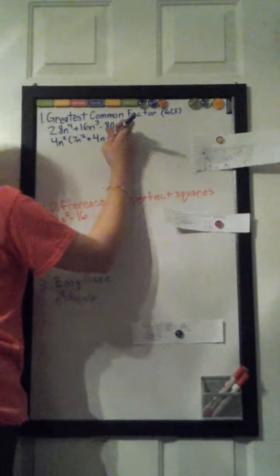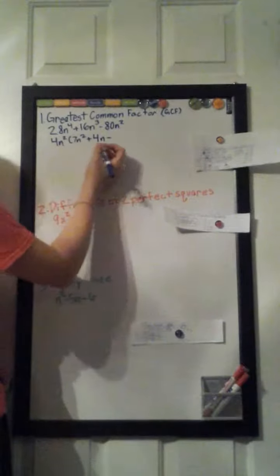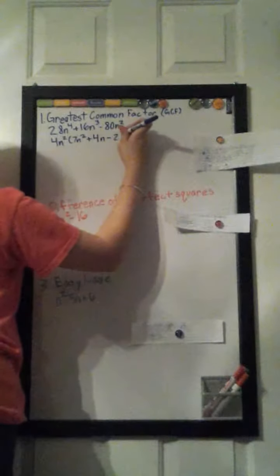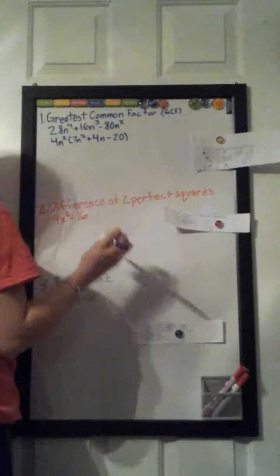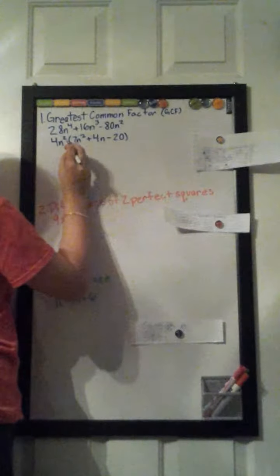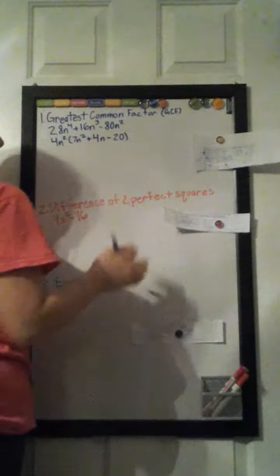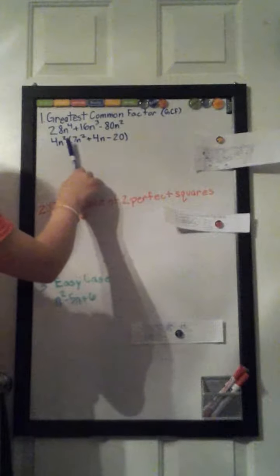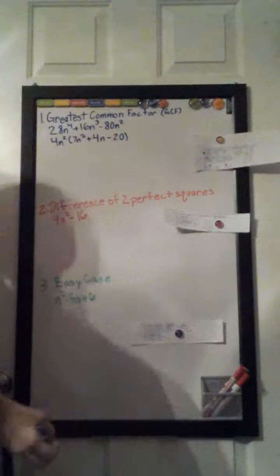Then bring the negative sign down. And 80n squared divided by 4n squared gives you 20. You subtract the exponents, because it's not 2 times 2, you're doing 4 minus 2, 3 minus 2, and then 2 minus 2.